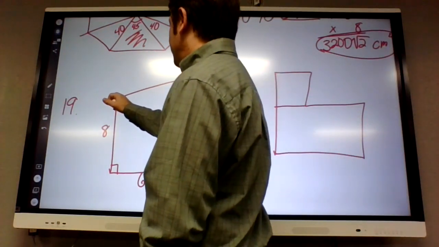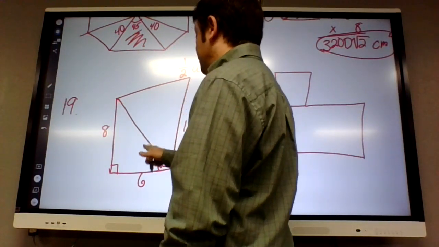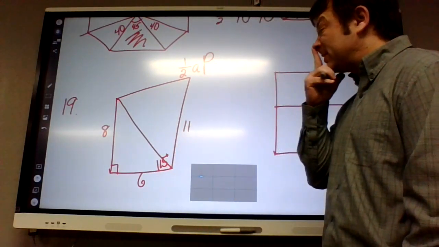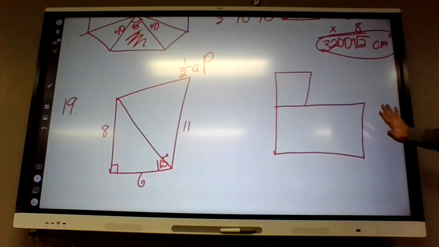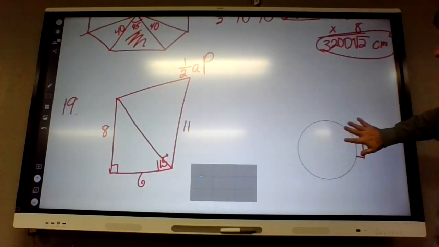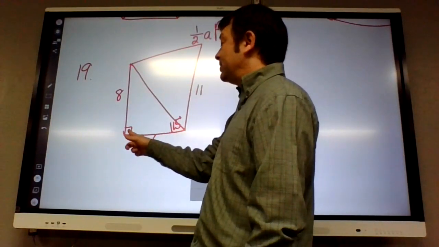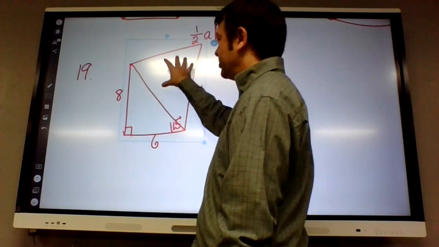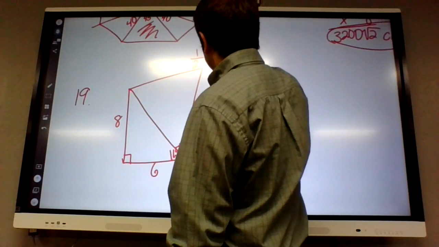If you split this quadrilateral, you get two triangles. So if we can find the area of the two triangles and add them together, that's the plan. So I split it in a way such that one triangle has a 90-degree angle because that makes this triangle easy and it'll help us figure out this triangle.